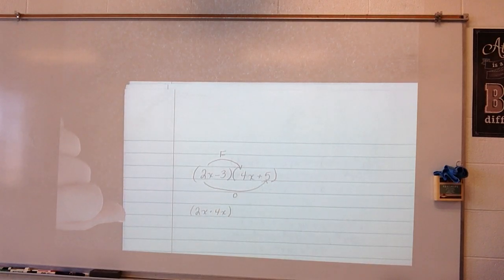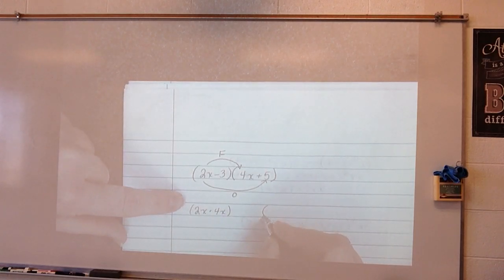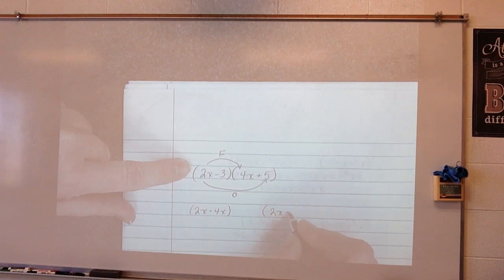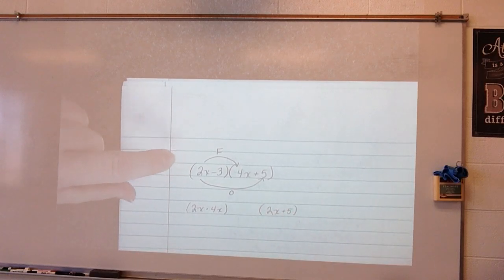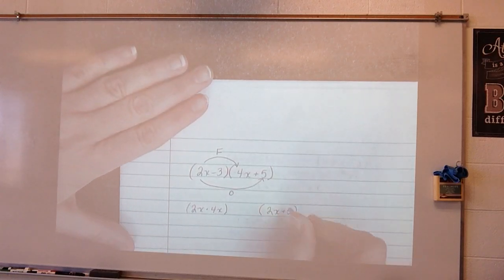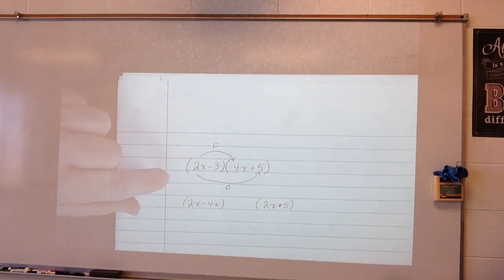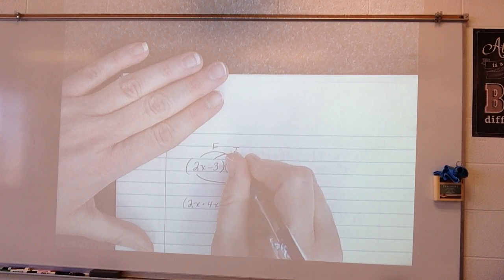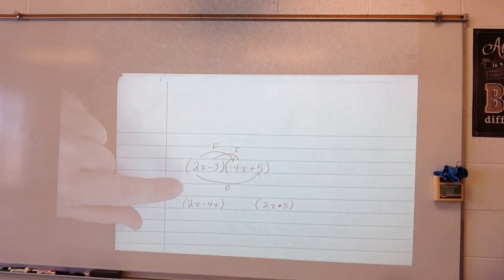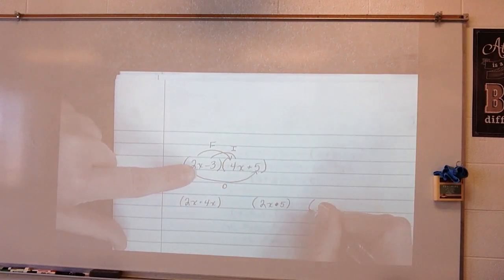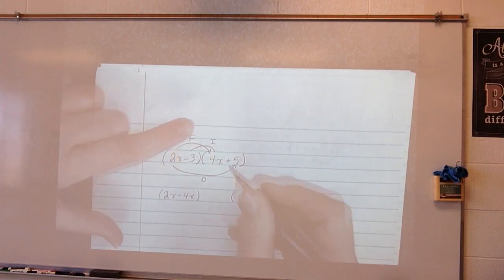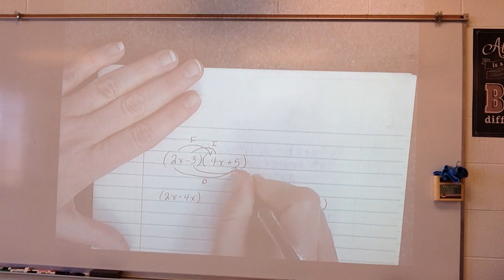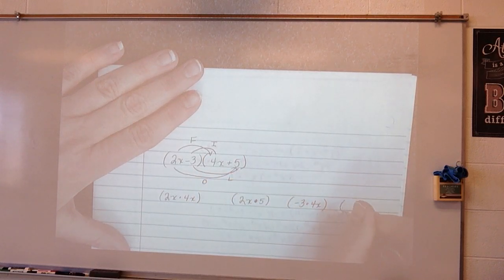That's my O. So then I have to do 2x times 5. Then I'm going to multiply my inners, which is my I. So I'm going to multiply negative 3 times 4x. And then I'm going to do my last, which is my L. So negative 3 times 5.